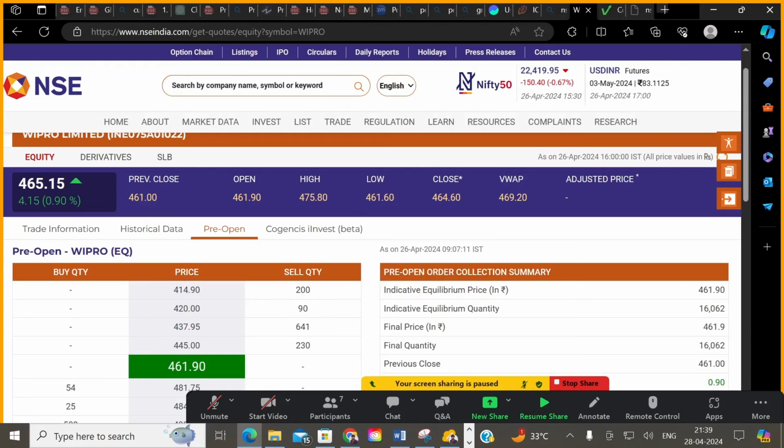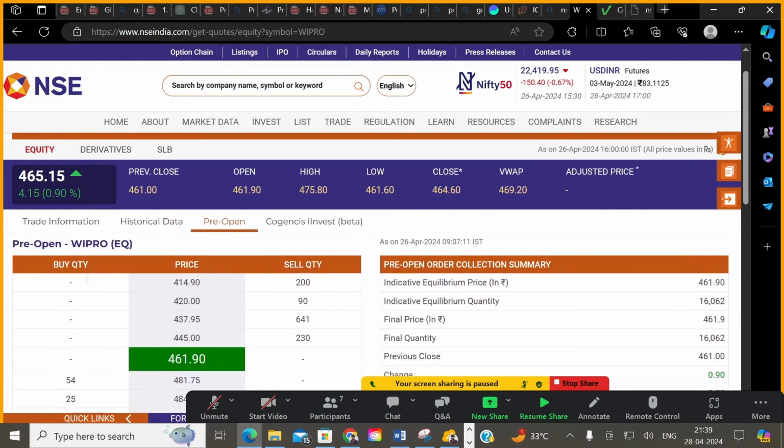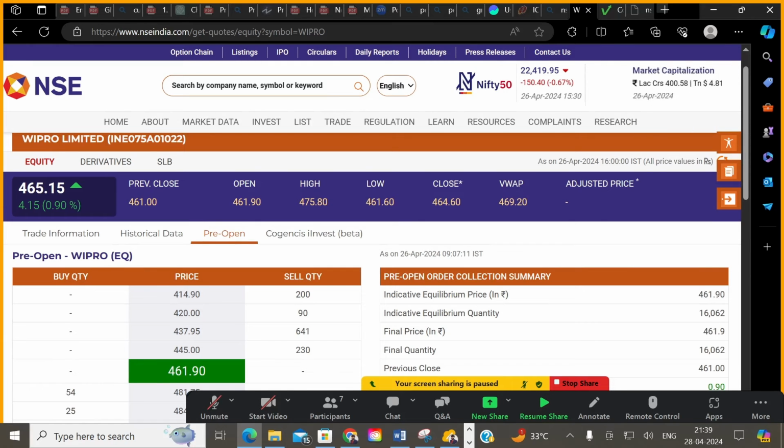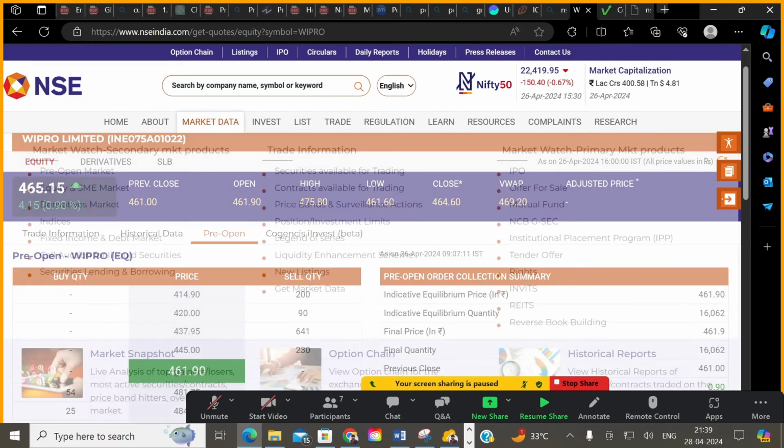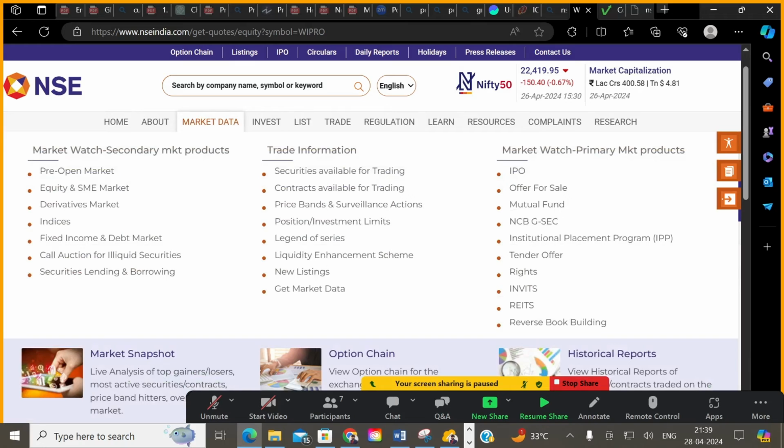Check your Wipro stock. All right. Buy, sell, all means all. See, NSE maintains market data. Market data means IQ information, any private placements, mutual funds, buy, sell, holding changes. All that information NSE will track. That all comes under your market data.